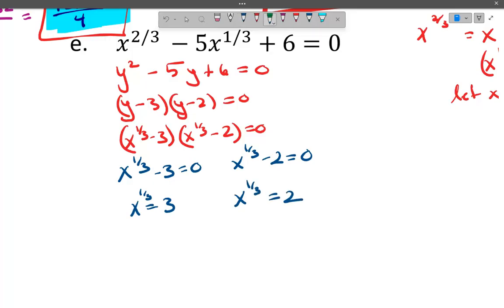And then in order to get rid of the radical, we can use our power rule, which says we're going to cube both sides of the equation to get rid of the exponent of 1/3. 1/3 times 3 is just 1, so x equals 27 and x equals 8.